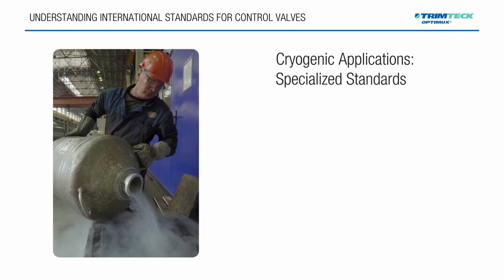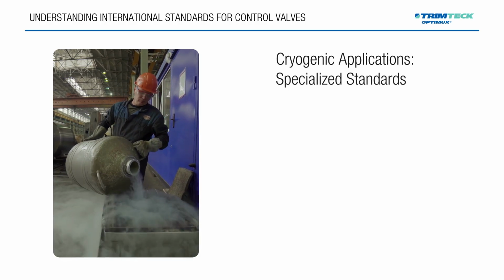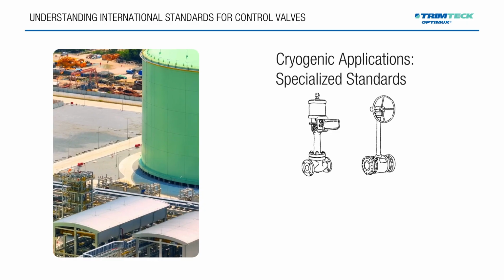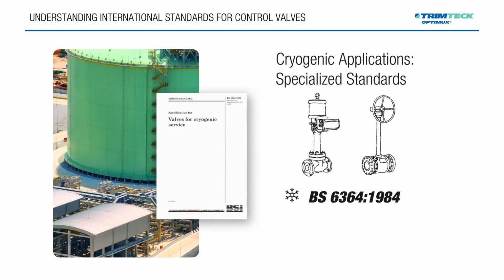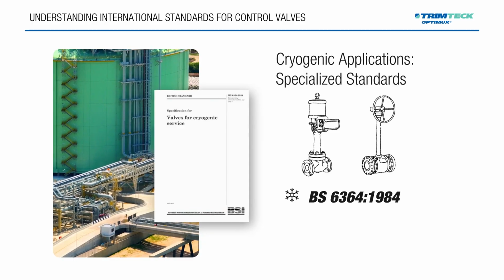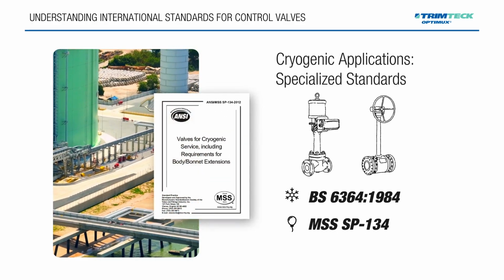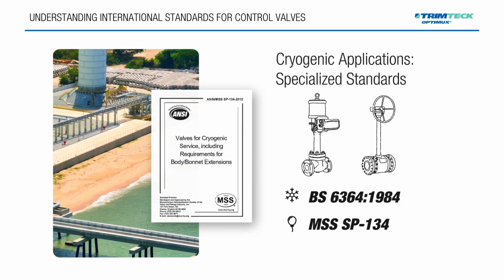Cryogenic applications, specialized standards. When it comes to cryogenic service, both control and on-off valves may be subject to specialized standards like BS 6364, 1984, for design and testing of valves at cryogenic temperatures. MSS SP-134, US-based spec for helium leakage and thermal cycling.